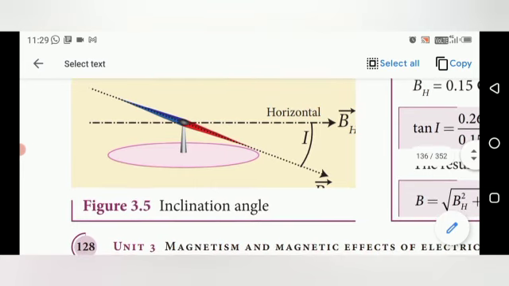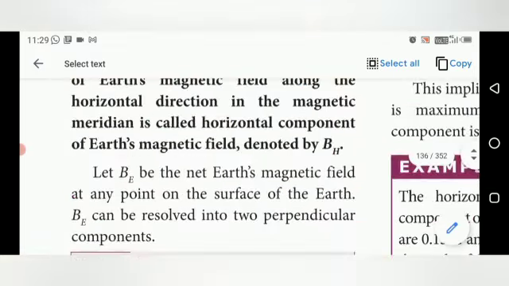That angle is considered as I. So the angle between the horizontal Earth's magnetic field and the tip of the magnetic meridian is considered as I. That is also called the inclination angle.